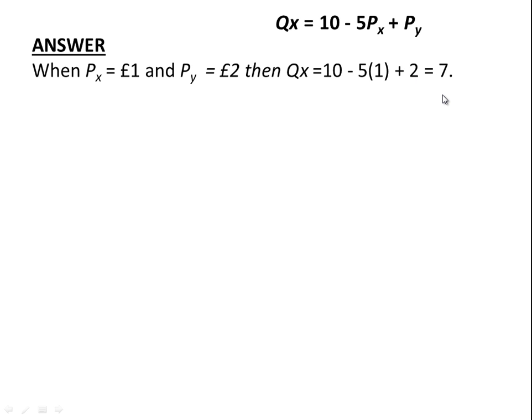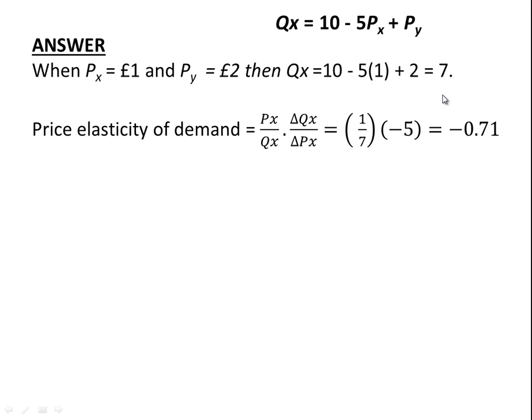That allows us to explore the price elasticity of demand, and all we need to know is the formula. This is quite straightforward. The formula is Px over Qx, multiplied by the slope, when we're expressing the equation like this, as Qx is a function of Px, with Py held constant. So Px over Qx: Px is £1 and Qx is equal to 7. And this bit here, the change in Qx over the change in Px.